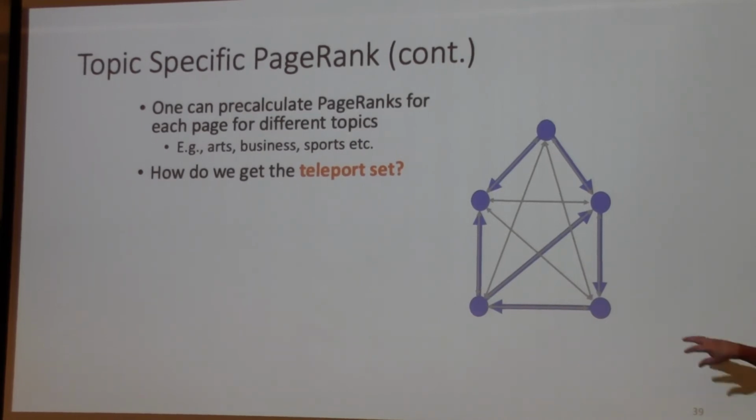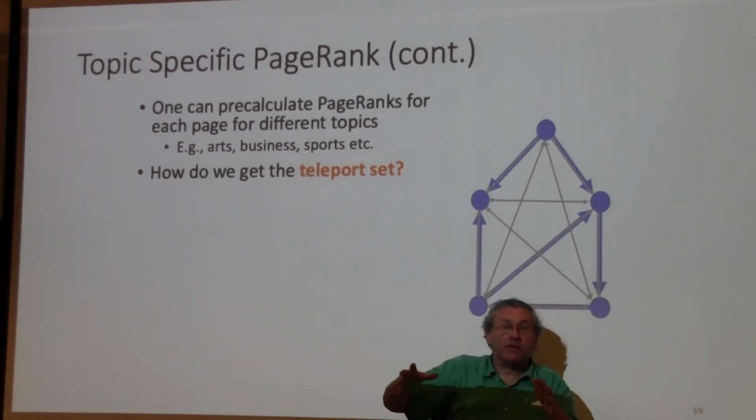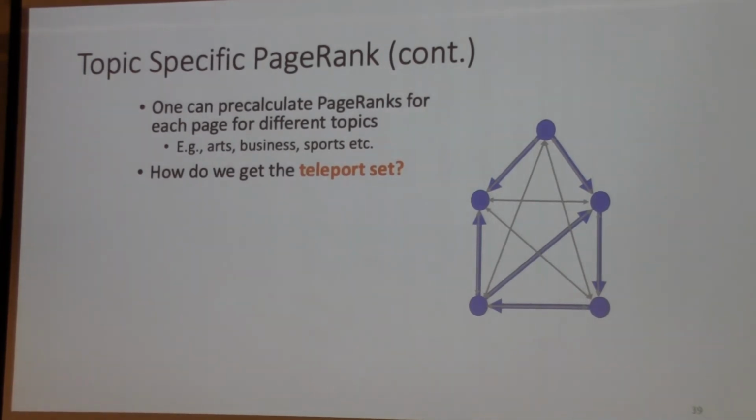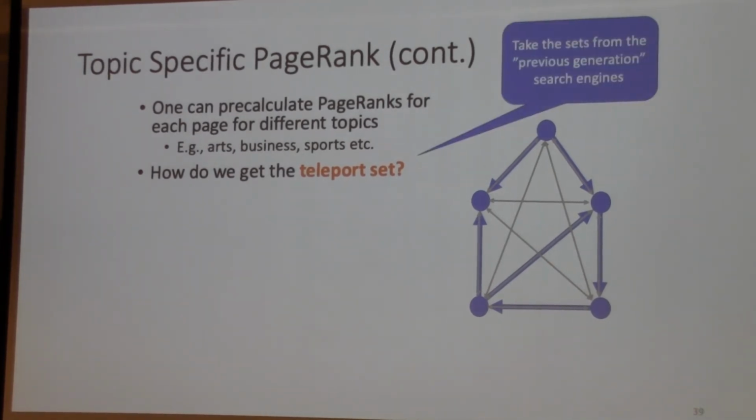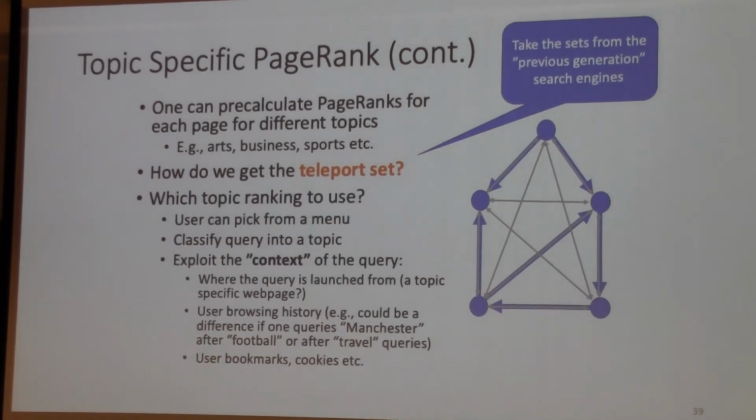The only trick is somehow you need to get this teleport set. What is the set for sports and what is the set for something or whatever? So there's many ways. You could, for example, take the sets from regular classical information retrieval, which means you look at the words, previous generation, that's one way.